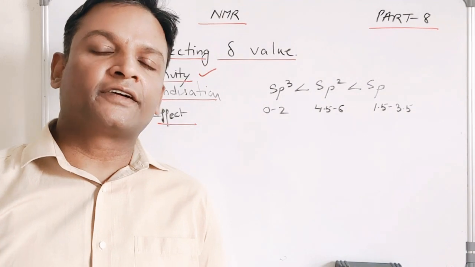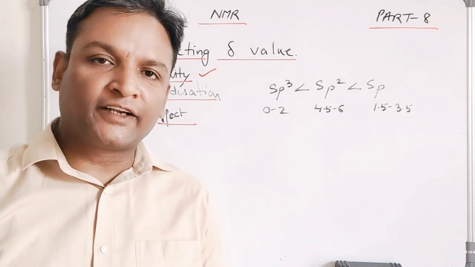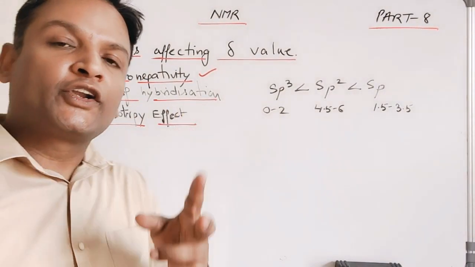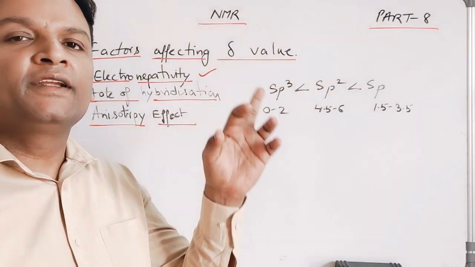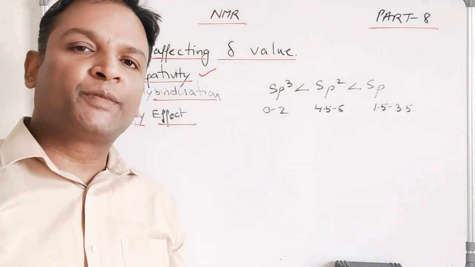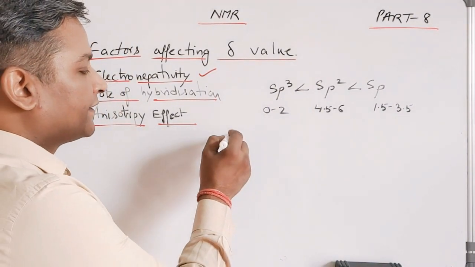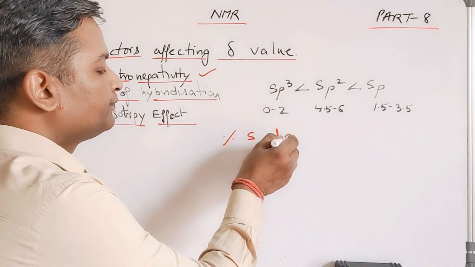The next factor which affects the delta value is the state of hybridization of the atom through which the proton is attached. There are three states of hybridization which we know: sp3, sp2, and sp. If I ask you to find out the percentage of s character, what do we do?